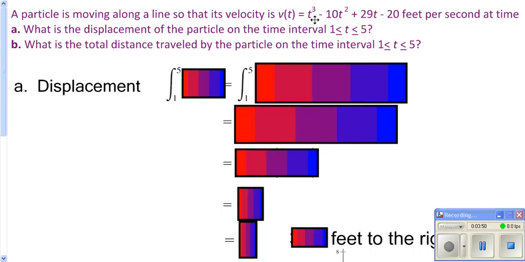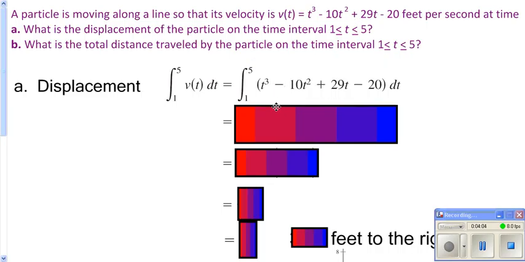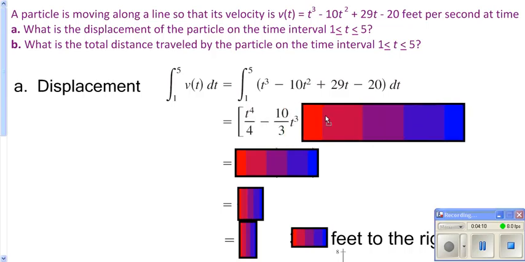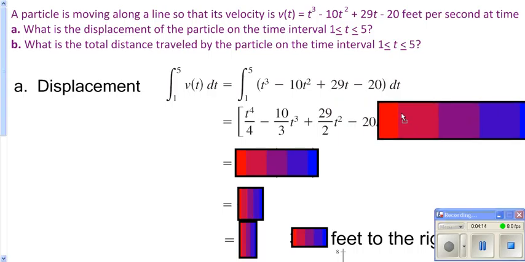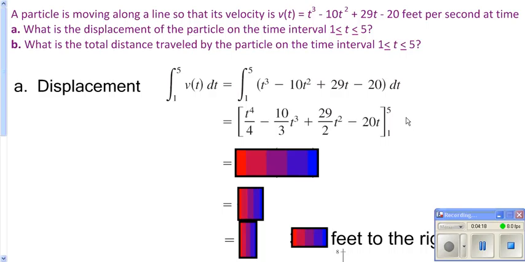at time t. So we want to find our displacement. Your displacement from 1 to 5 is going to be just basically your integral from 1 to 5 of your velocity function, what we've been doing before. So you're going to do the integration of each part. And then you're going to evaluate that from your 5 to your 1.